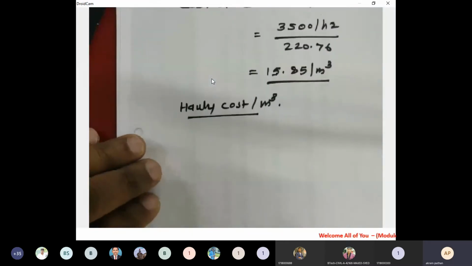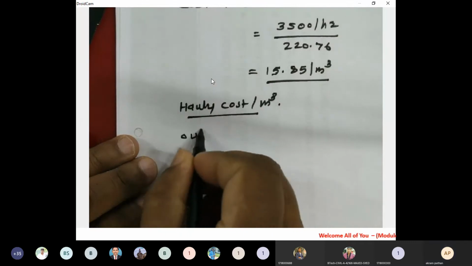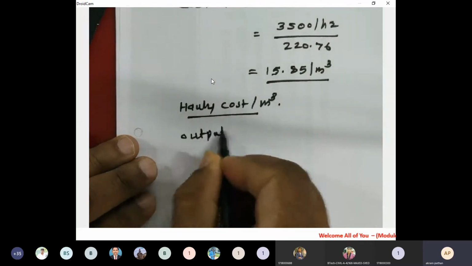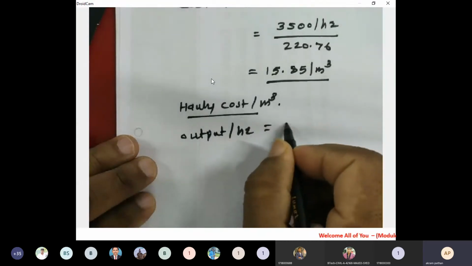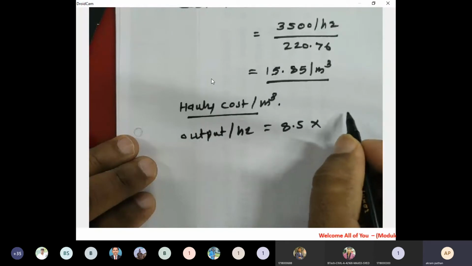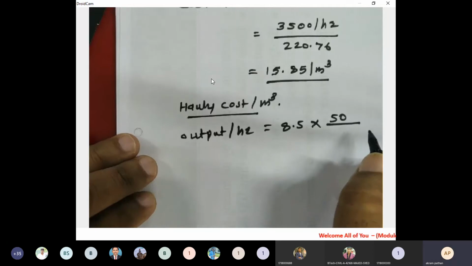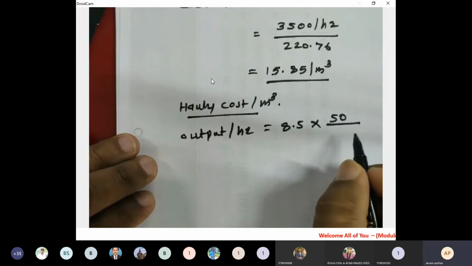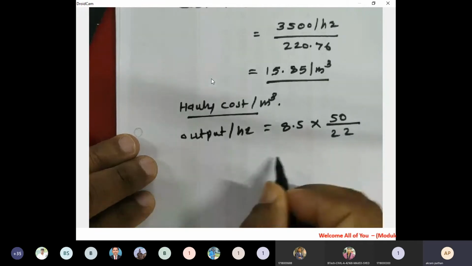If you require a truck or dumper, then we have to calculate the transportation cost per meter cube of that particular material. So output per hour, which is equal to 8.5 into 50 divided by 22.